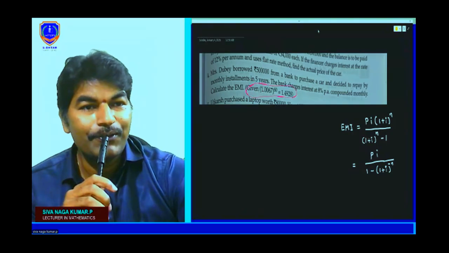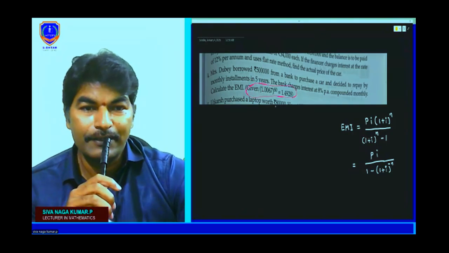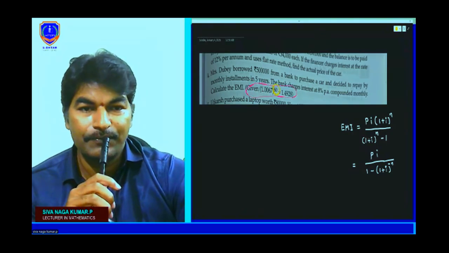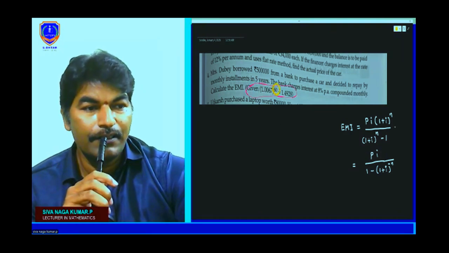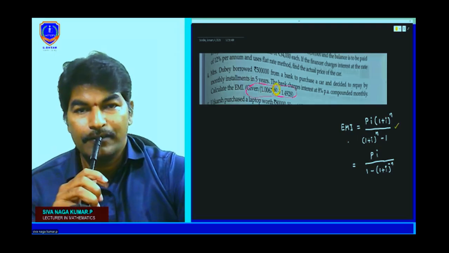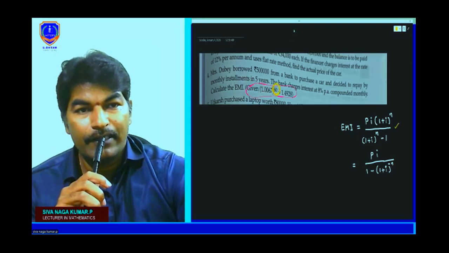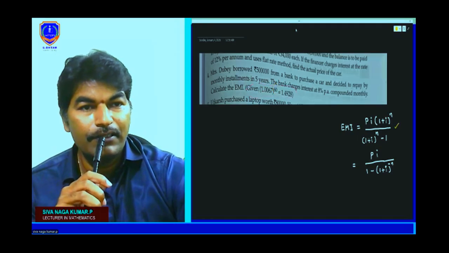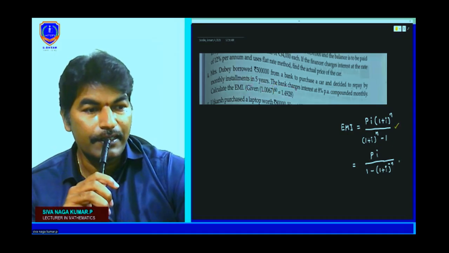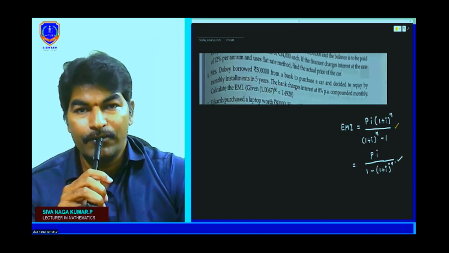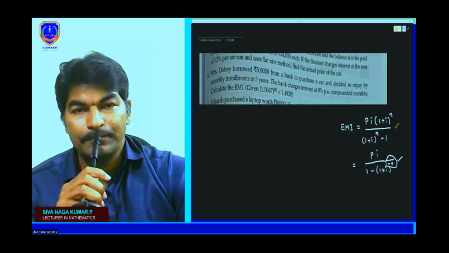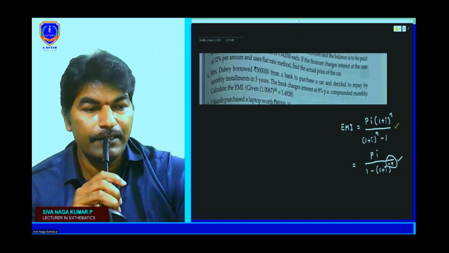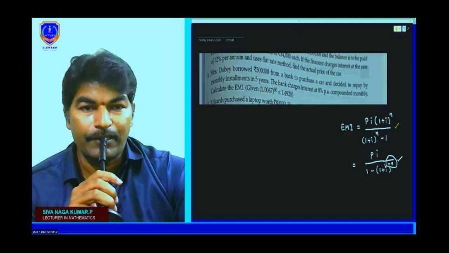Here in this clue, you can see this is plus 60. Plus 60 means you can use the first formula. If it was given as minus 60, then you can go with the second formula, because in the second formula you can see minus n. That clearly indicates the selection of the formula.